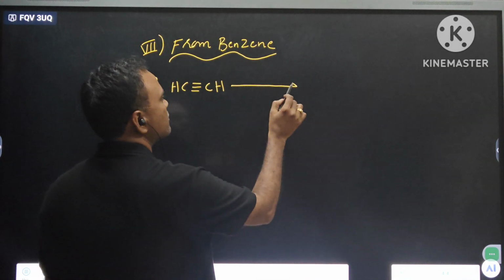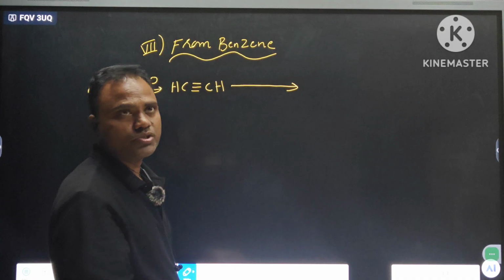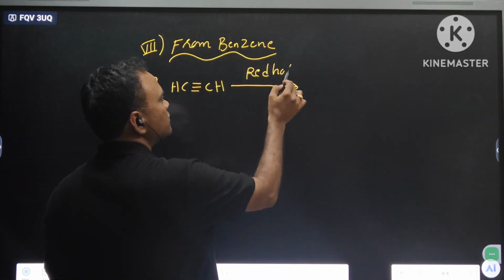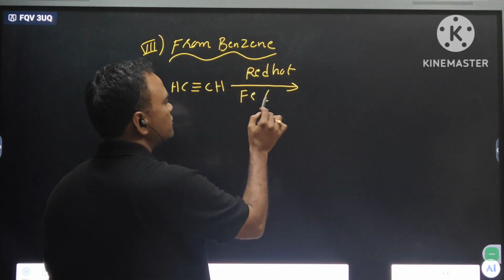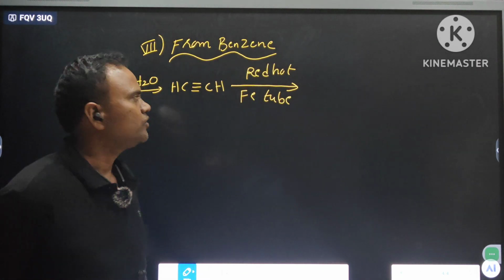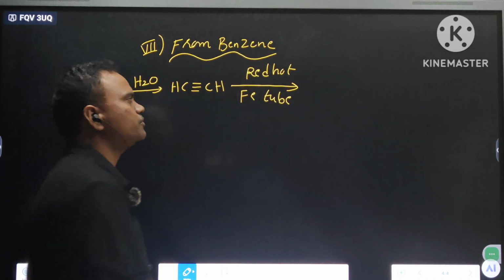Acetylene when subjected to polymerization in the presence of a red hot iron tube or copper tube, that polymerization takes place to produce benzene.